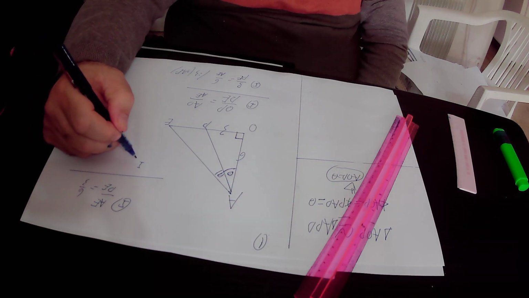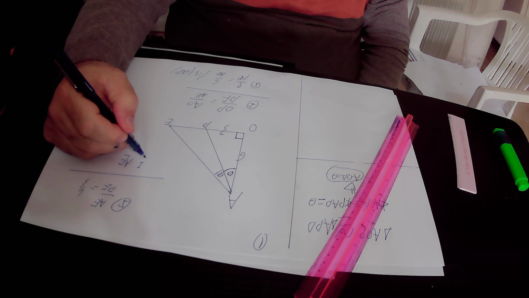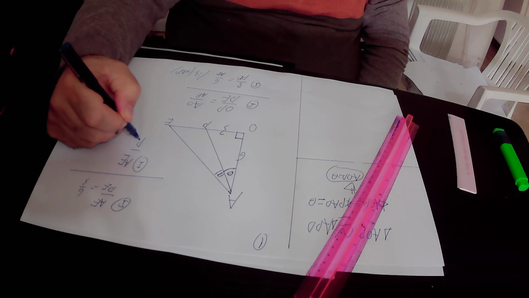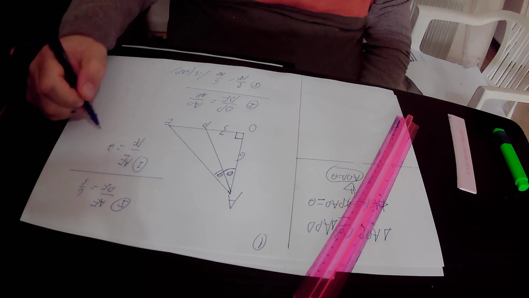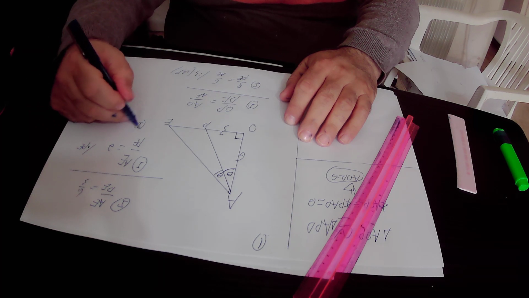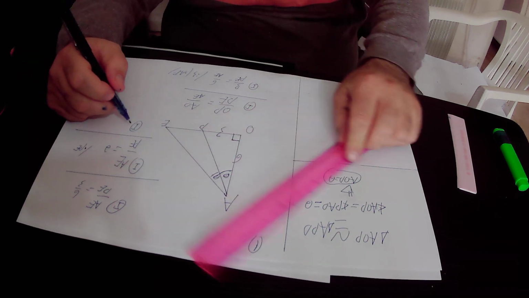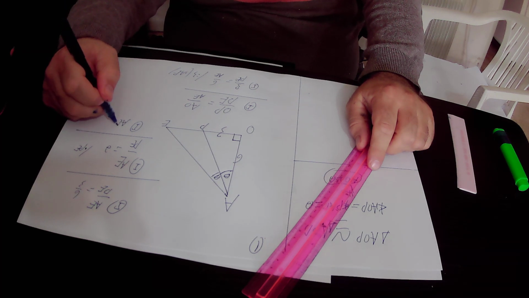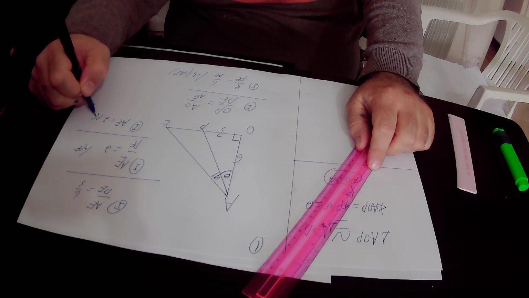So I found out that AE over PE, according to equation number 1, equals 2. We'll multiply equation number 1 by PE, and we'll get that according to equation number 1, AE equals 2 times PE.